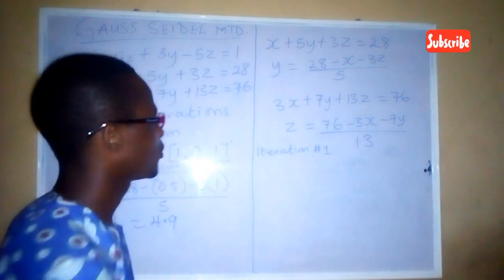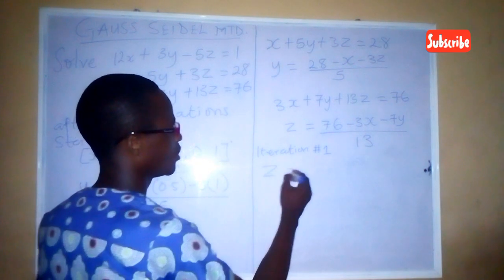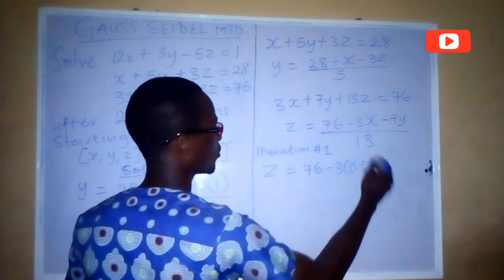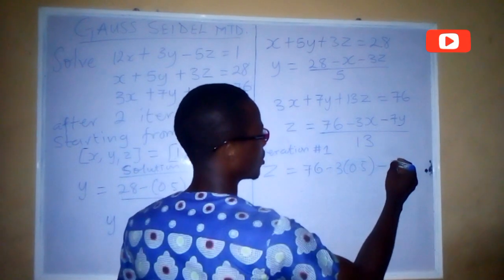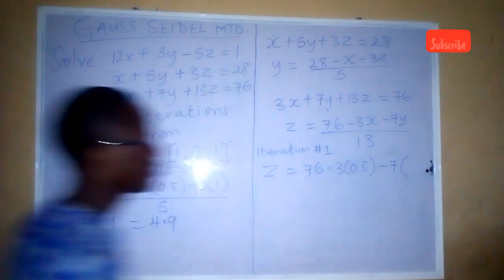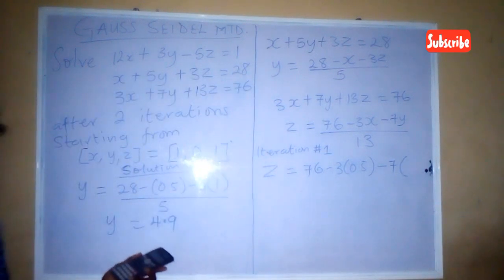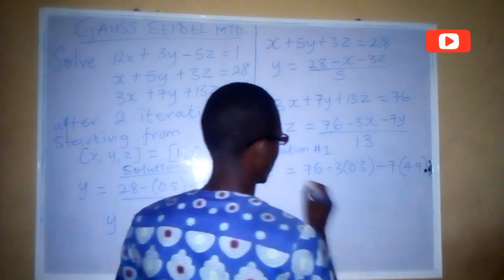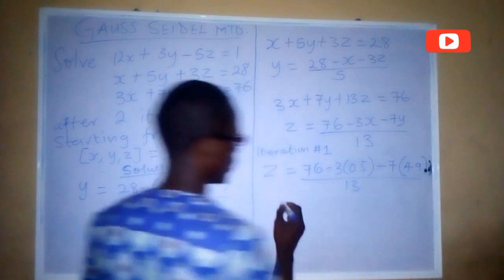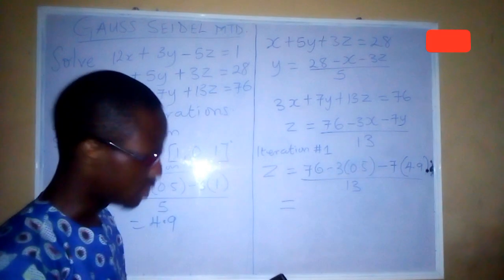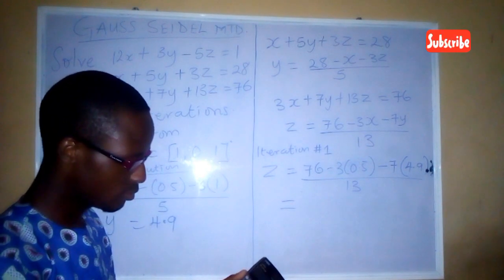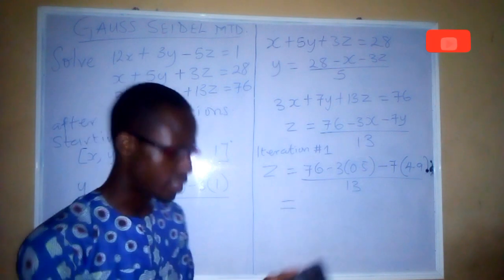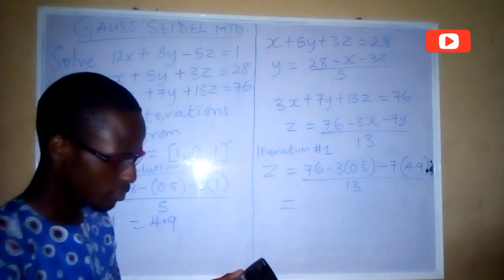So we go to find the value of z, which is 76 minus 3 into bracket 0.5 minus 7. Now I'm not using the old value of y, I'm using the new value of y, 4.9, all over 13. So that gives me 76 minus 1.5, because 3 times 0.5 is 1.5.